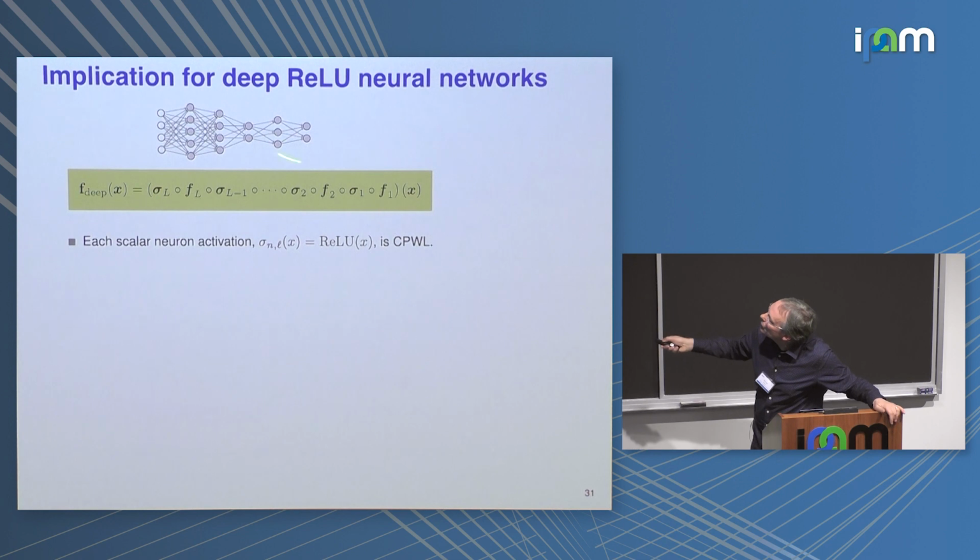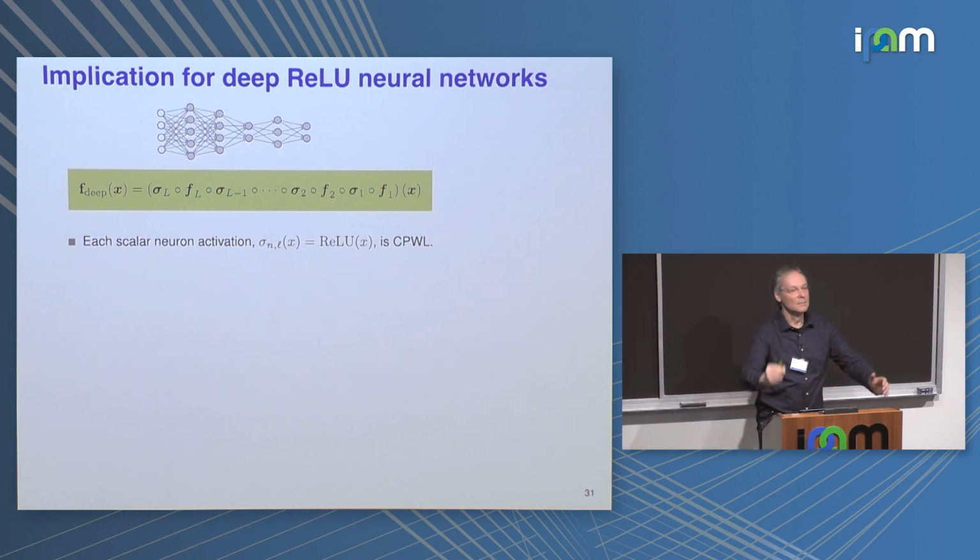So here's a neural network, here's the composition: linear, let's say ReLU, linear, ReLU, etc. So every scalar activation function ReLU, I think I've been talking now half an hour to convince you that this guy is a spline. It's a continuous piecewise linear.